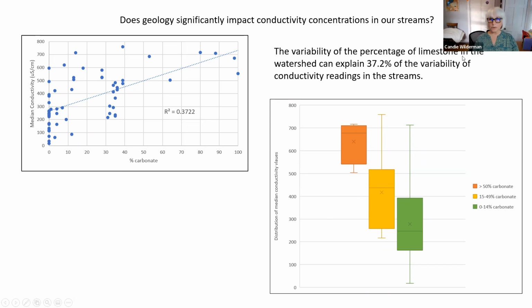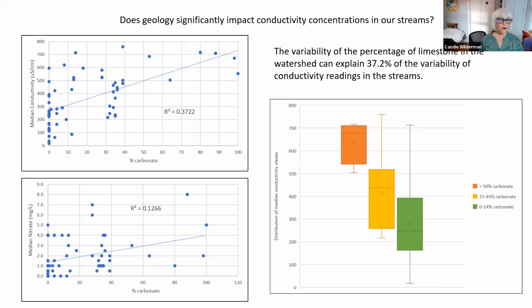The variability of the percentage of limestone in the watershed can explain 37.2%, a little more than a third, of the variability of the conductivity readings. The other two-thirds are due to other things, but that's still an important influence. Now, does percent carbonate have a relationship with nitrate? And the answer is, not really. It's not really high enough to make much fuss about.